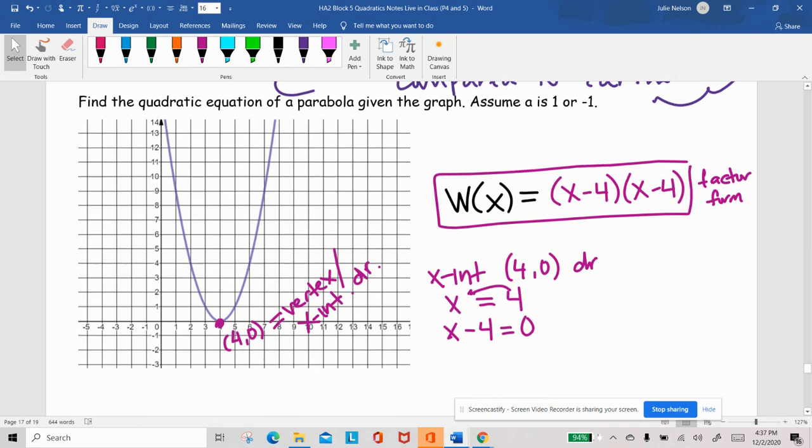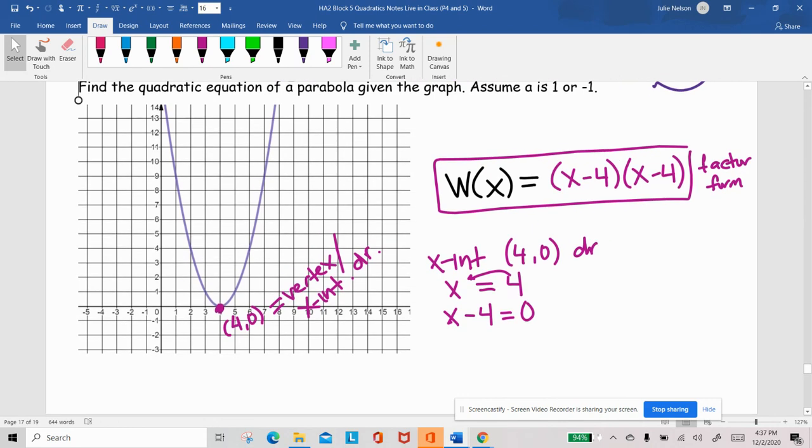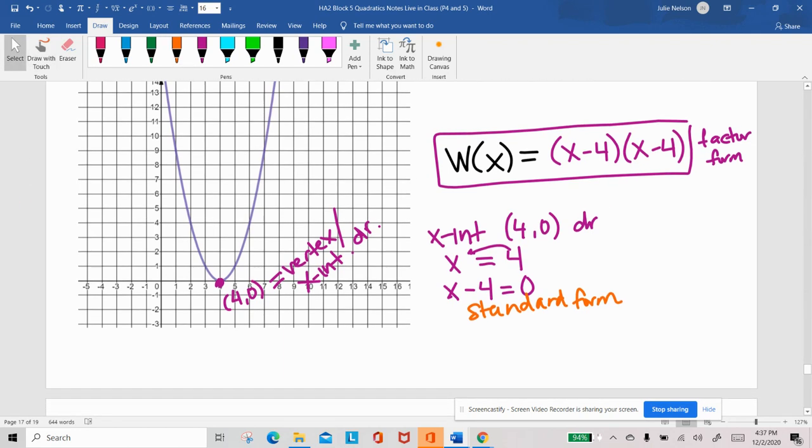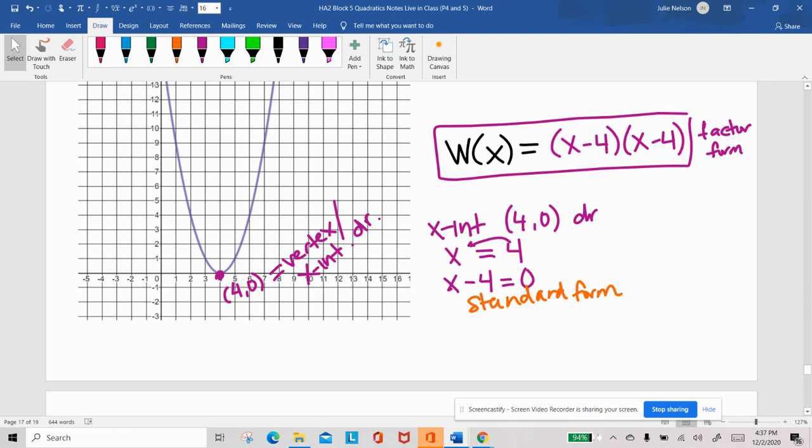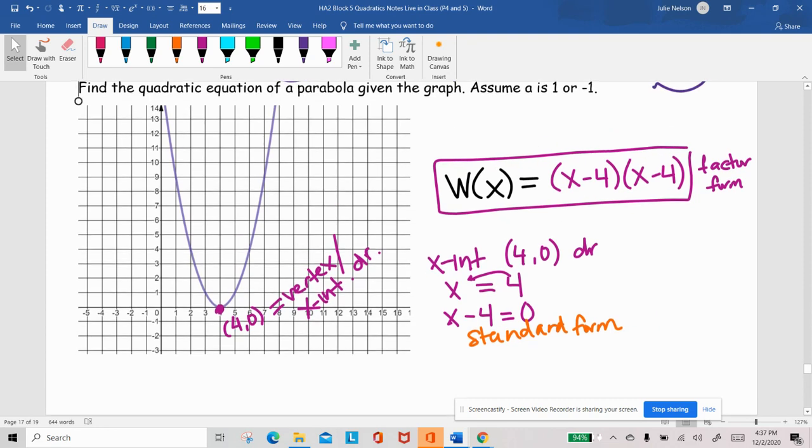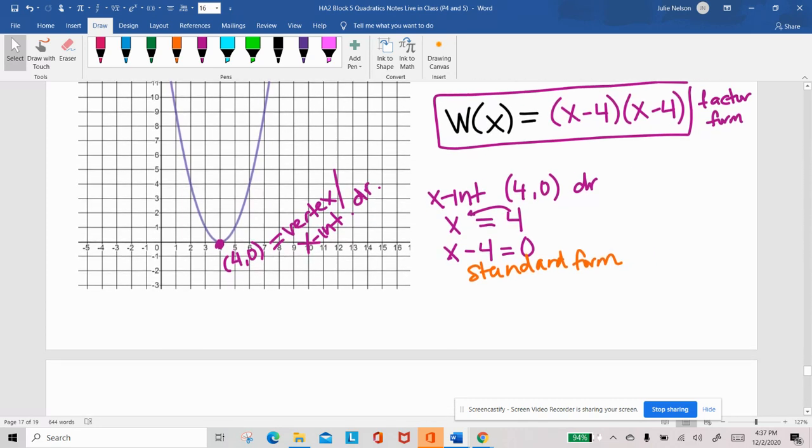So how would I write this in standard form? If I want it in standard form, then I would multiply x minus 4 times x minus 4.